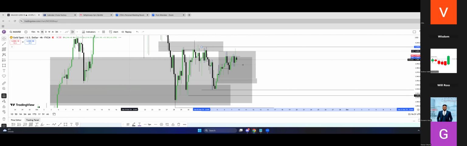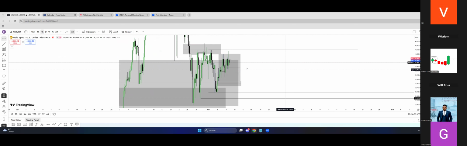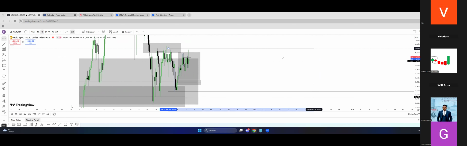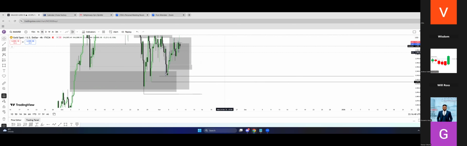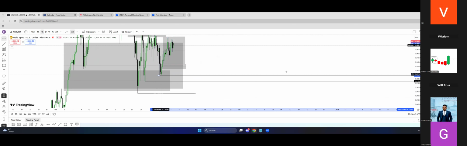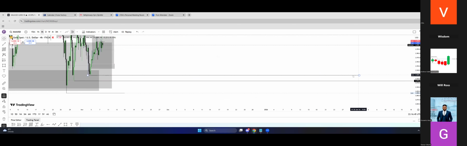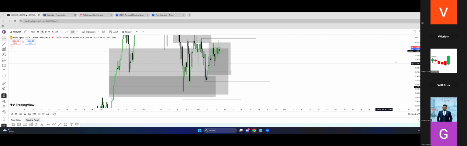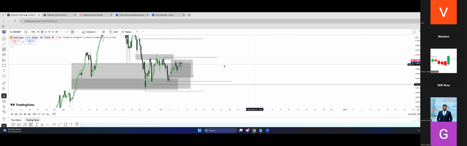Remember, accumulation phase, we might need to see one of the sides get manipulated. So for what I was looking at, I would like to see price manipulate the high first, then come for the low. Then from the low, we can see price delivering to the upside. I don't know how gold moves, but this is my take on gold.